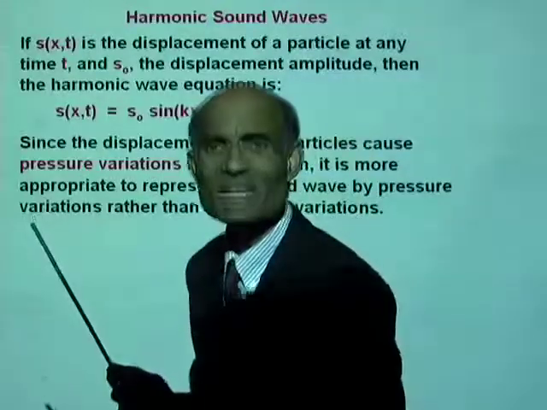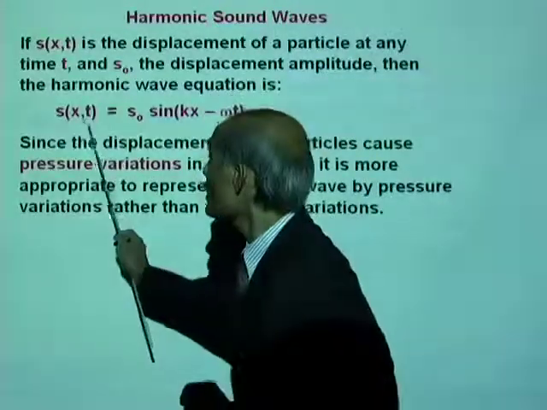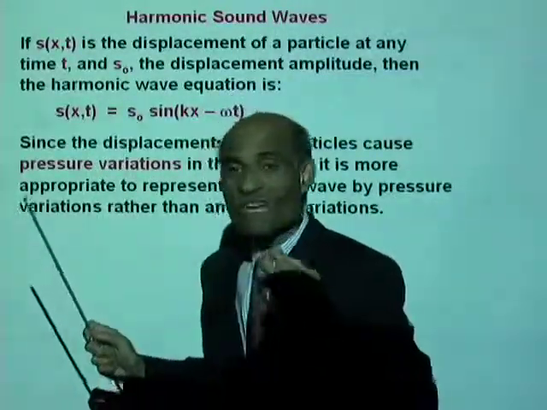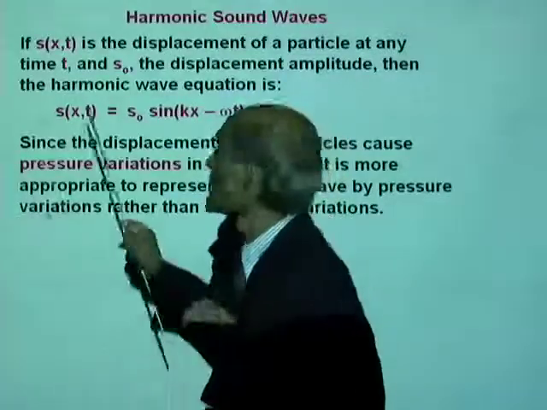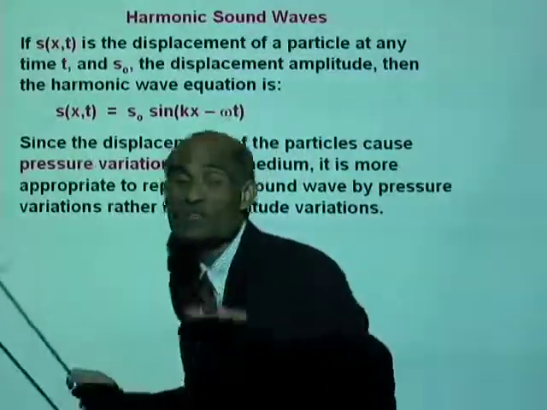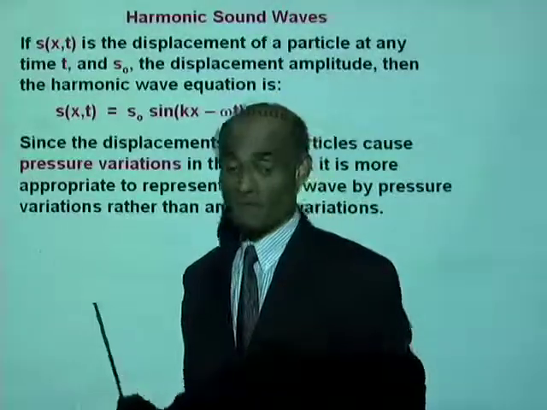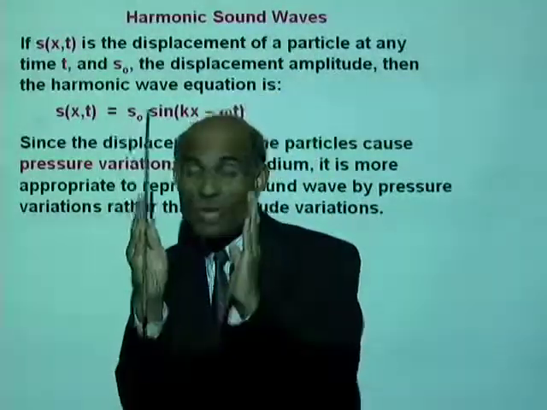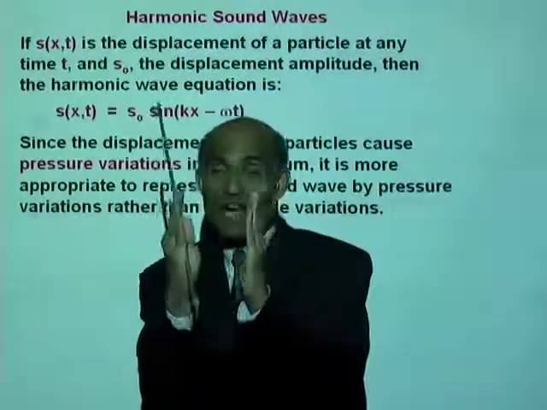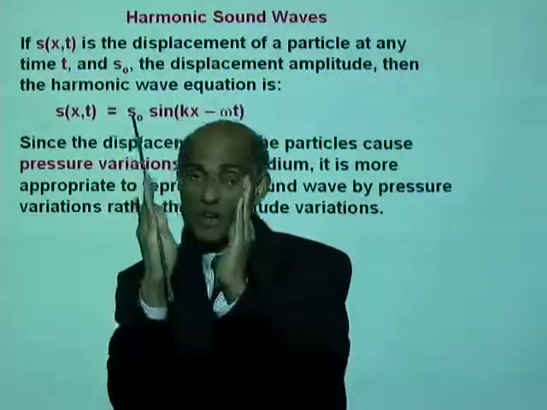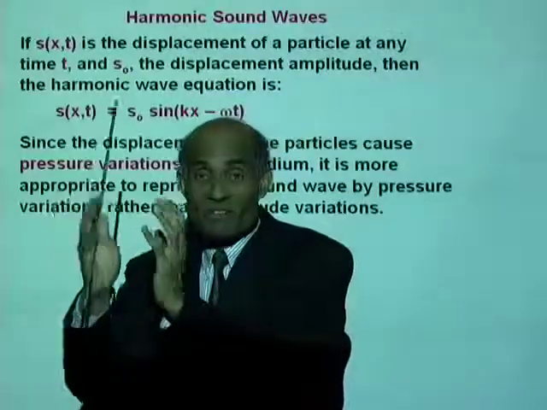Do you understand what I said? This equation gives you the equation of a harmonic sound wave in terms of the displacement. How does the displacement change with time? But remember, a sound wave is actually a pressure variation, high pressure, low pressure. Is that right? Compressions and rarefactions.